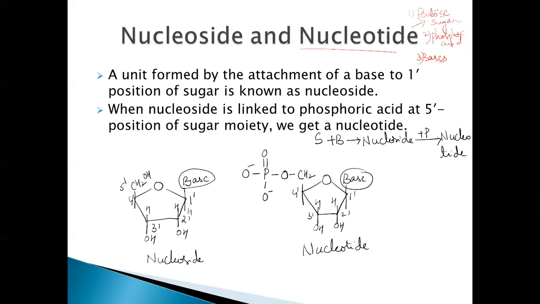Sugar with the base attached at the 1 dash position is nothing but a nucleoside, and the phosphate group which is attached at the 5 dash position of this is called the nucleotide. This is the structure of the nucleotide. So here DNA and RNA are polymers. It's a polymer of these nucleotides, nothing but a polynucleotide.